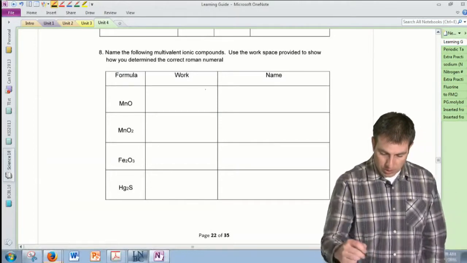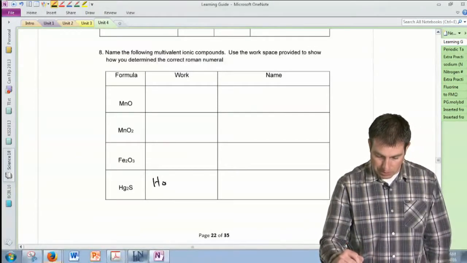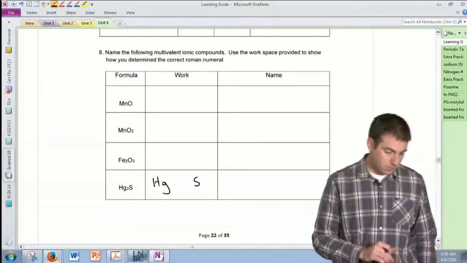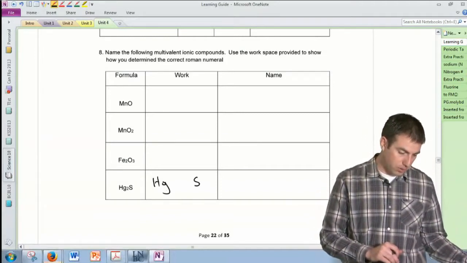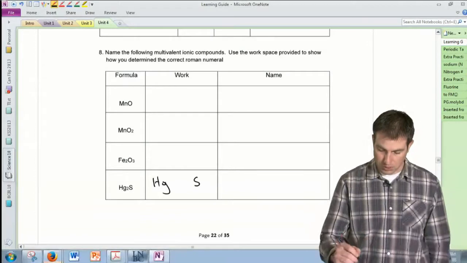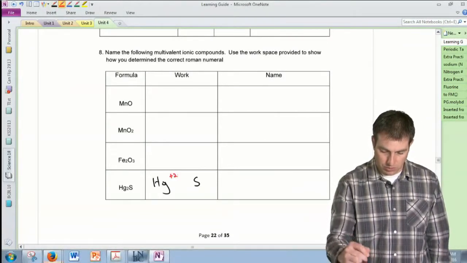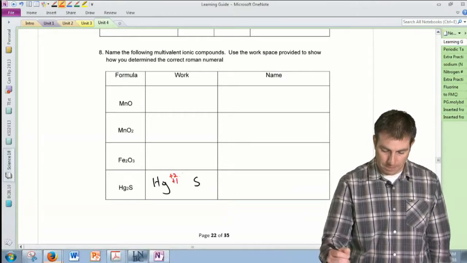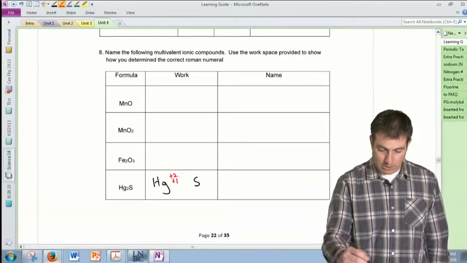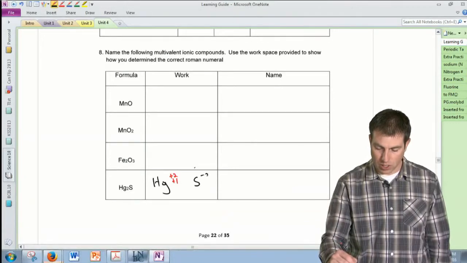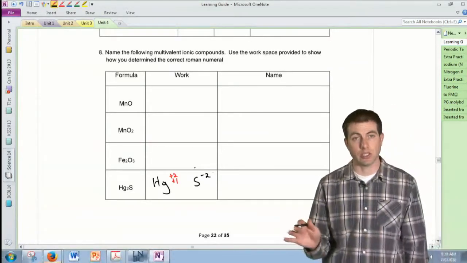All right, so what I'm going to do is find mercury, Hg, on the periodic table, and I'm going to see that mercury has a few possible charges, +2 or +1. And we're going to try to figure out if it's the +2 that we want or if it's the +1. Sulfur is always the same. Sulfur is always -2. That never changes.